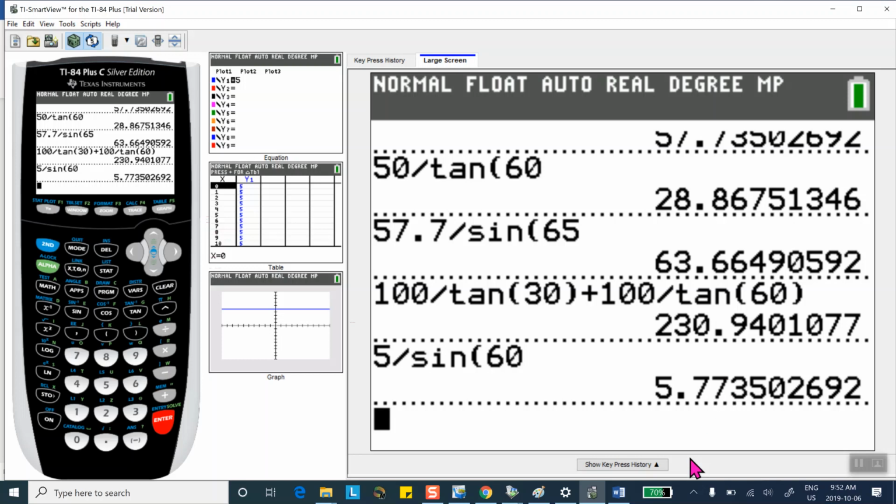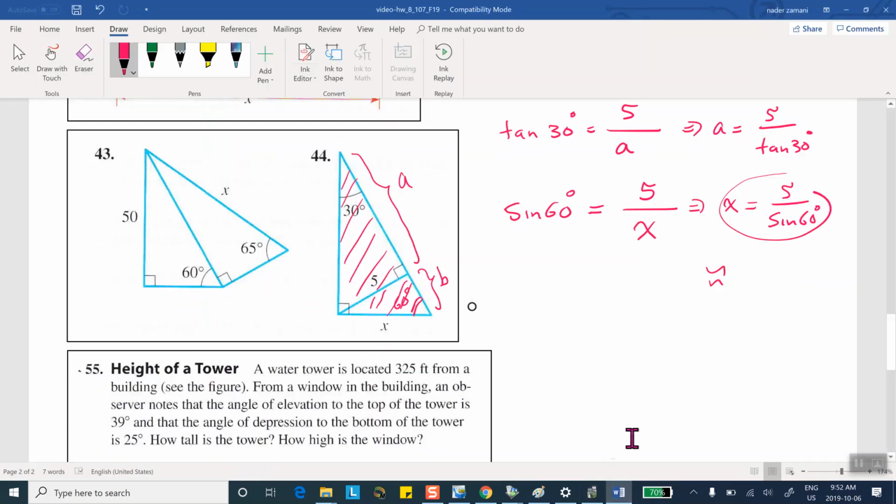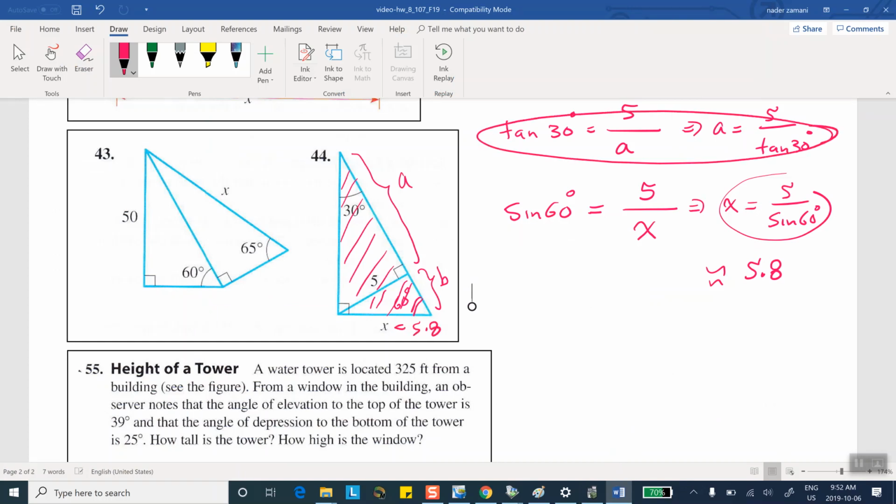If you round it, 5.8. Okay, so x is 5.8. Notice that I did not even need this. But when you start the problem, sometimes you go in a path that may not be necessary. So right there, 5.8.